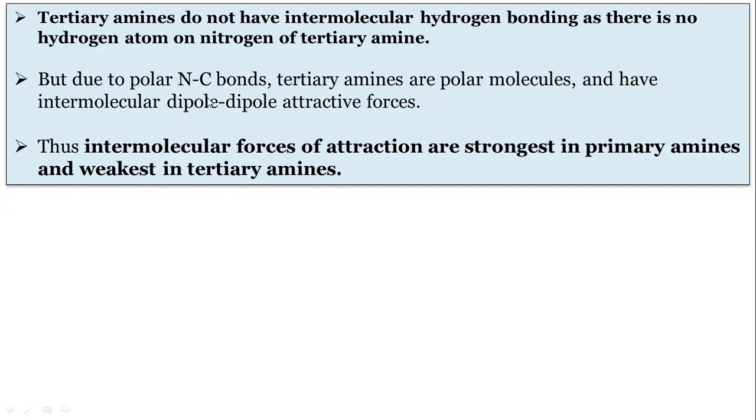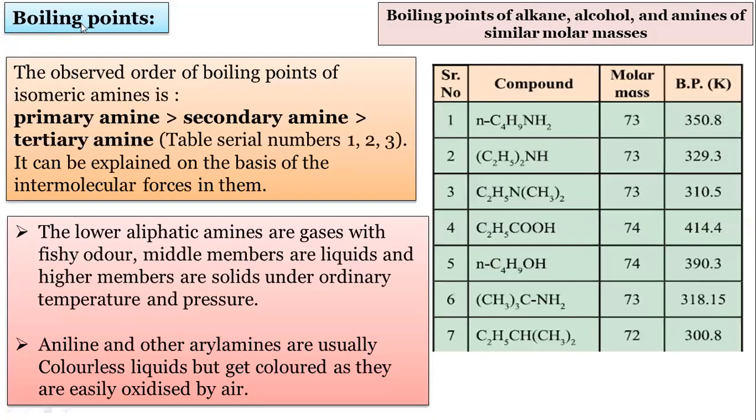If a question is asked in the board exam, in which amines are the intermolecular forces stronger, your answer should be: in primary amines the intermolecular forces are strongest, and in tertiary amines they are weakest because of the absence of hydrogen. Then the second property is boiling point.